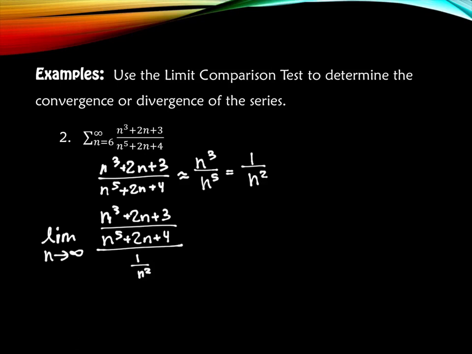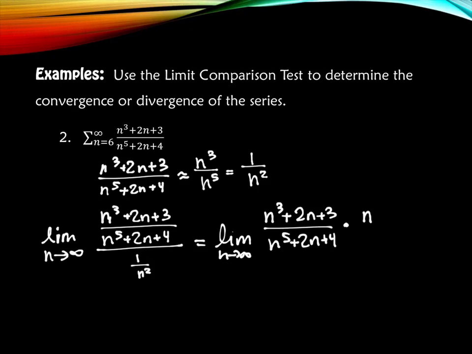So we're going to have the limit as n goes to infinity of n cubed plus 2n plus 3 over n to the fifth plus 2n plus 4 times n squared over 1.